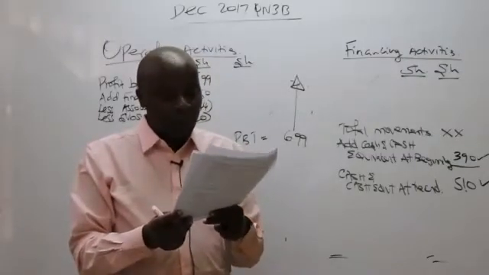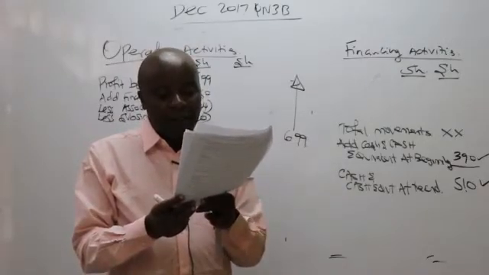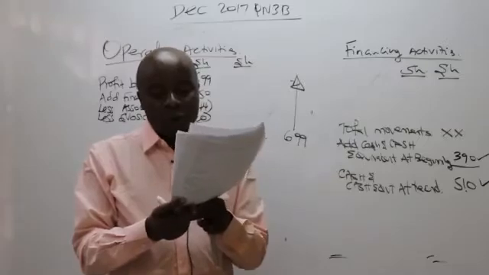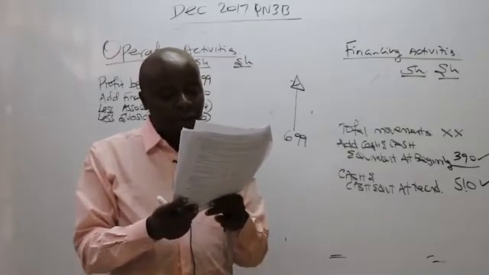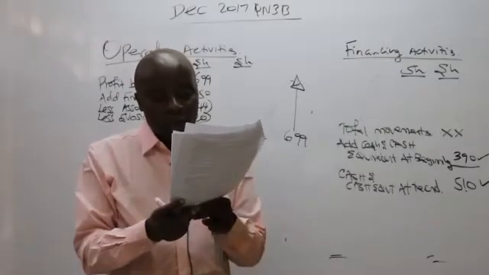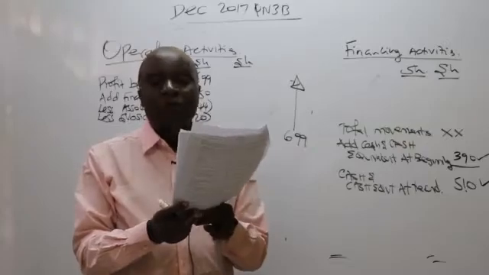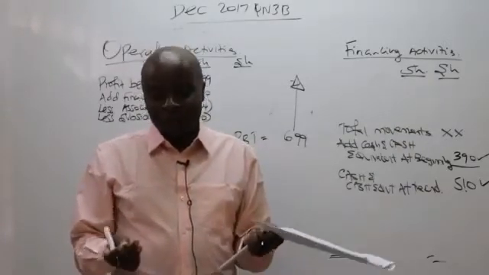Angalia note number 2. An item of property with a carrying value of 885 million was disposed of during the year ended 31st October 2017 for shillings 750 million. The loss on disposal is part of the cost of sales.